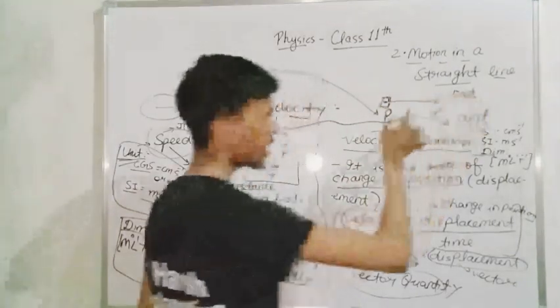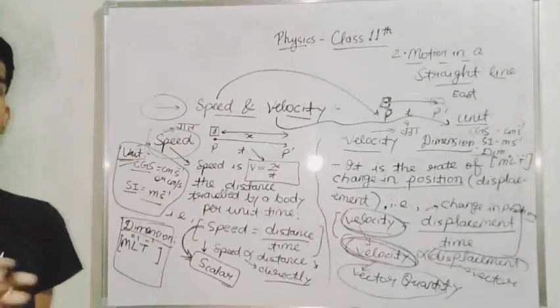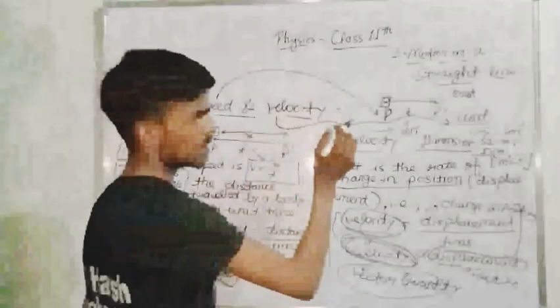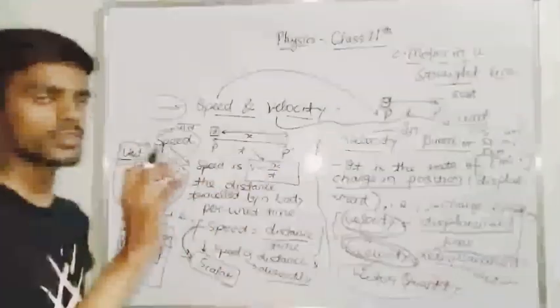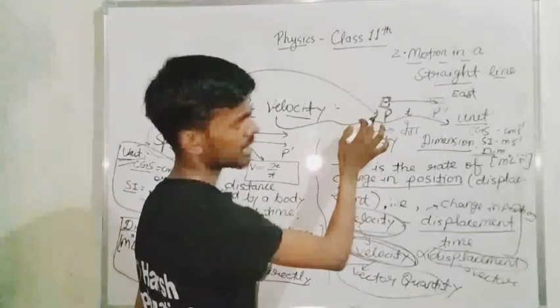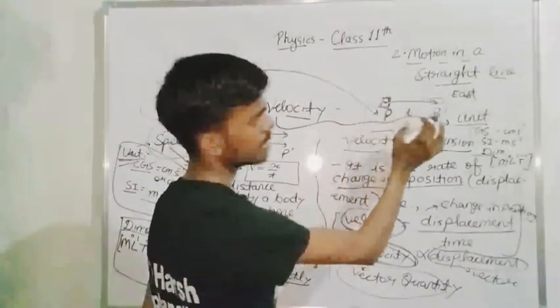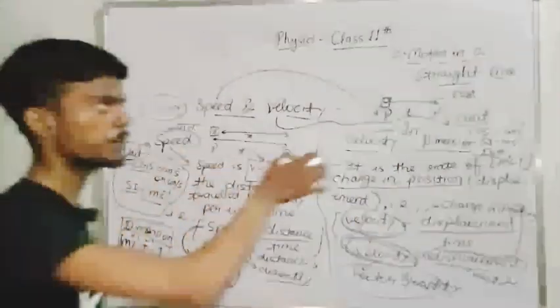We already know that displacement is a vector, meaning it will give you a direction. That's why velocity is also the same kind of quantity and will also give you a direction. So if a body is at position P initially, after some time T it will travel and go to another position P dash.